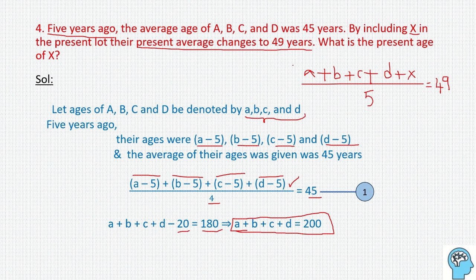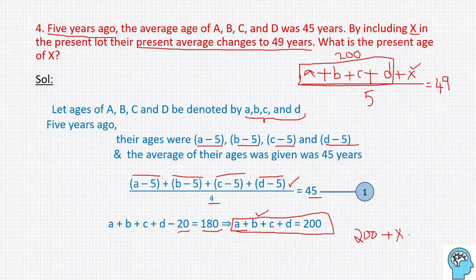So now here we already got a plus b plus c plus d as 200. Okay. So substitute this 200 here and then solve for x. So that is 200 plus x is 49 into 5.